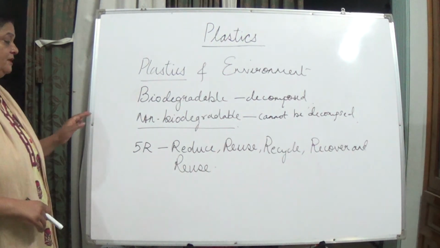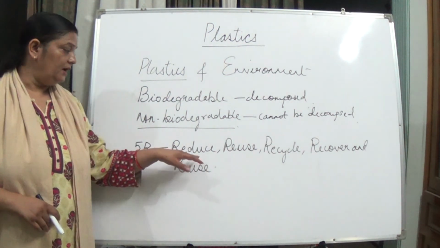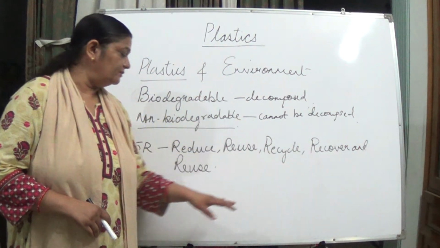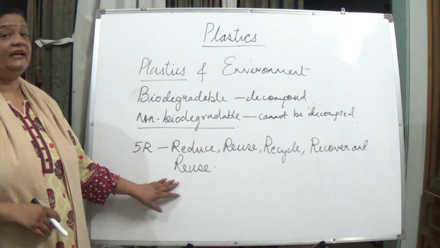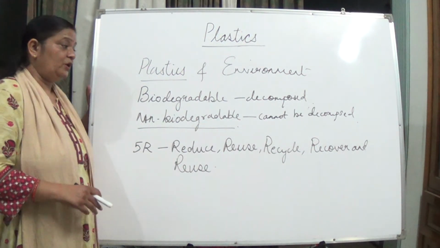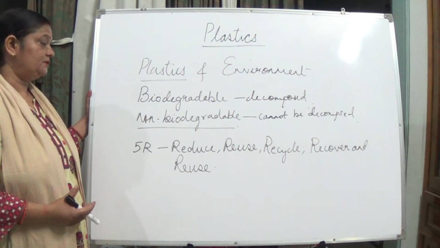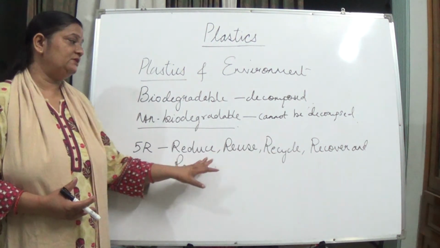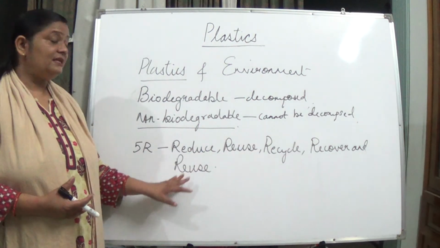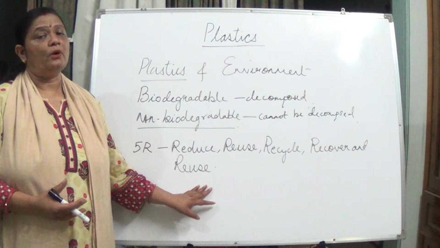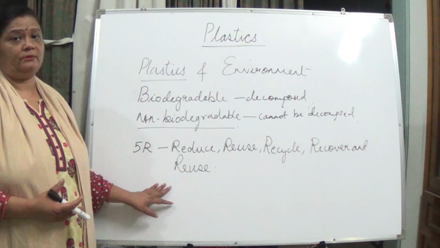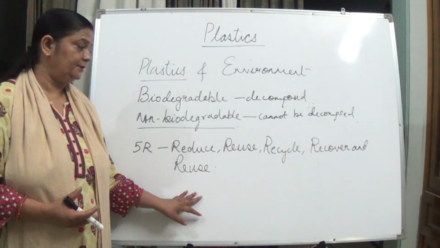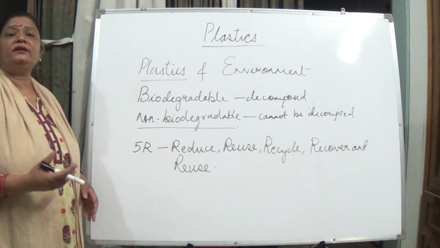So, five things we should remember: reduce, reuse, recycle, recover, and then again reuse. If we follow these points and use those substances which follow these five points, this is for the betterment of the environment and of life on earth. So what can you do?